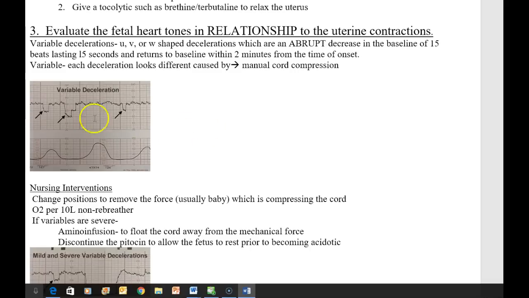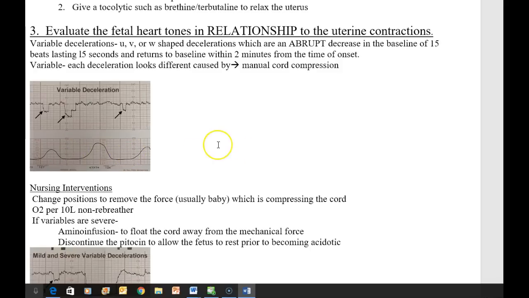The baby can roll over on the cord, and when the pressure is put on the cord, we see these very dramatic, abrupt dips. When we talk about NCLEX testing, these abrupt dips are U, V, and W shaped, and they have no bearing or relationship to the contraction.